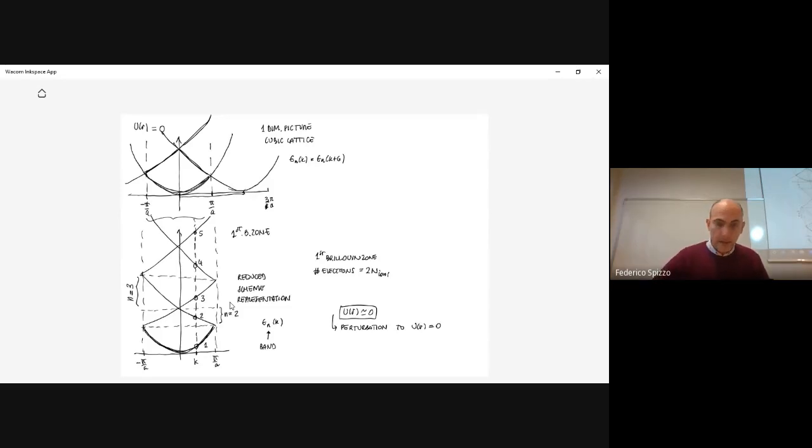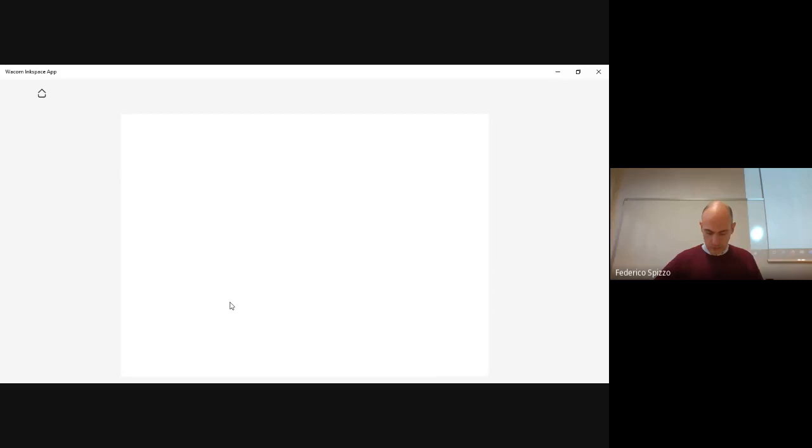The effect of that, the fact that now U of R is different from zero, has as a main effect the removal of the degeneracy.